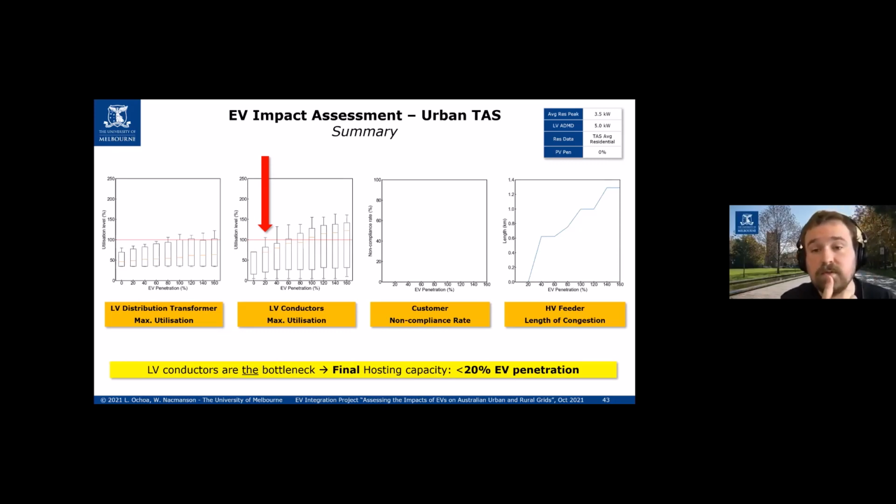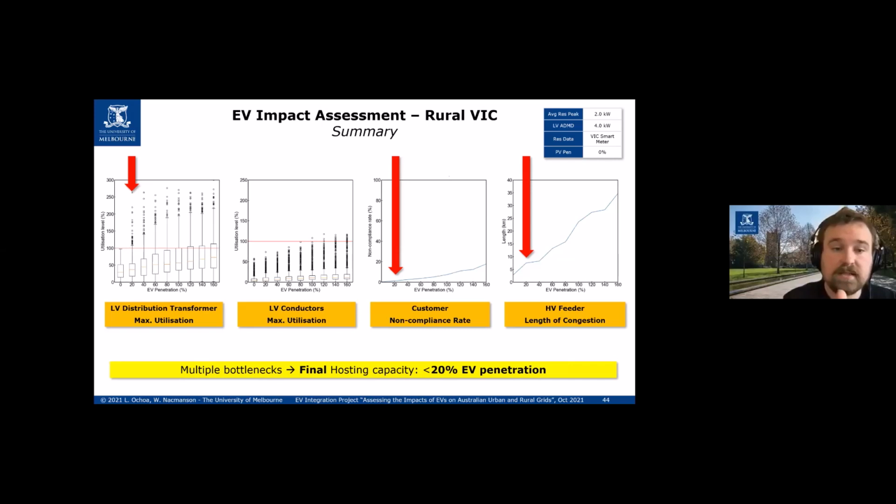So if we move on to the Victorian feeders, we can see that the LV distribution transformers are the first bottleneck at 20%. We also have customer voltage issues, and we also have HV conductor issues. So this very long feeder really has a lot of limiting factors, all at 20%, that must be addressed.